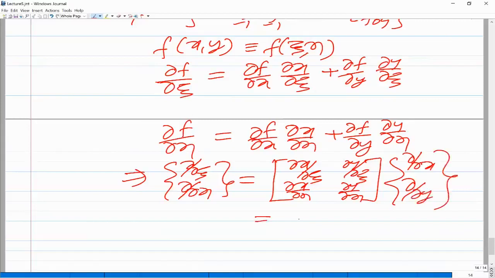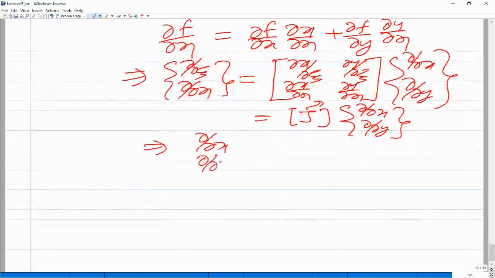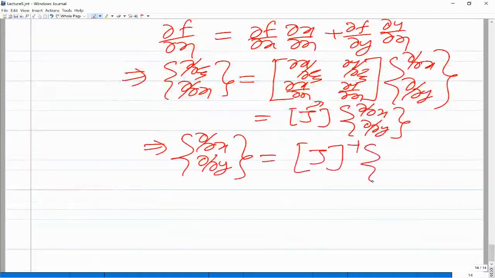This is called the Jacobian matrix J. If you pre-multiply by J inverse, the derivative operators with respect to x and y can be written as J inverse into del by del xi and del by del eta.